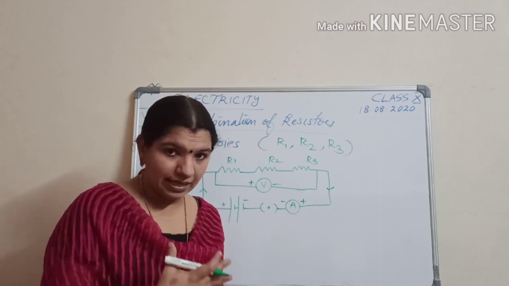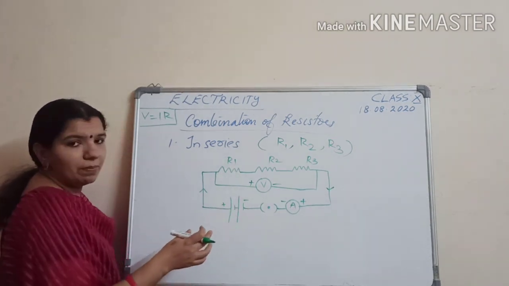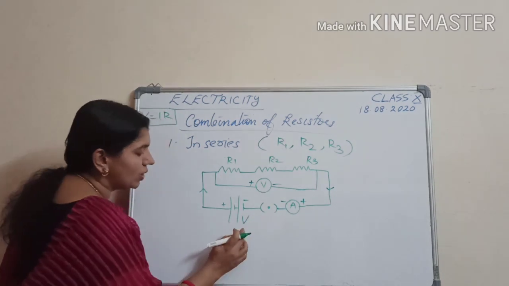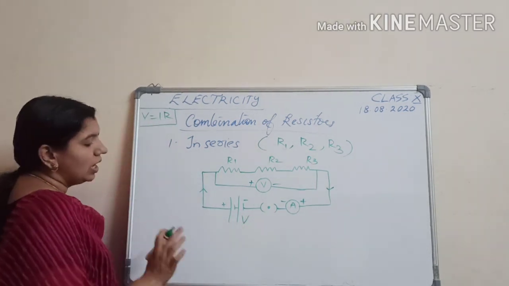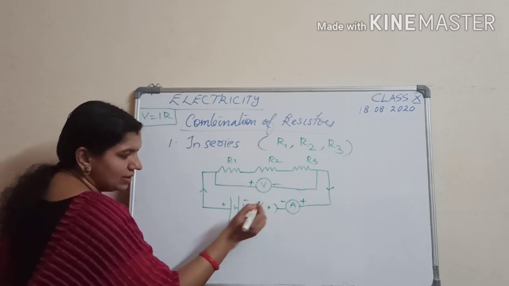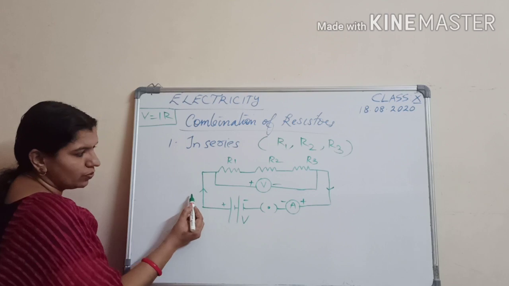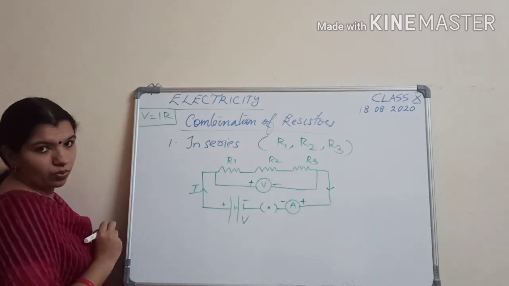First I am talking about series connection. Now listen, here we are applying a battery. A source of voltage is provided here with the voltage V. Understand? Now when I switch on this particular key, what will happen? The current starts to flow. The current I starts to flow.